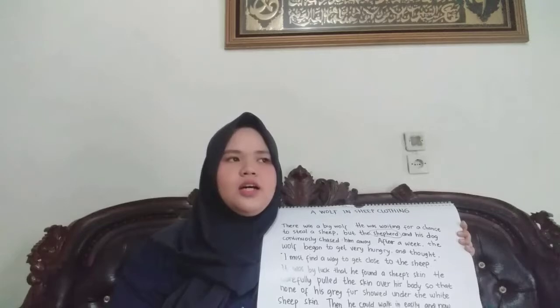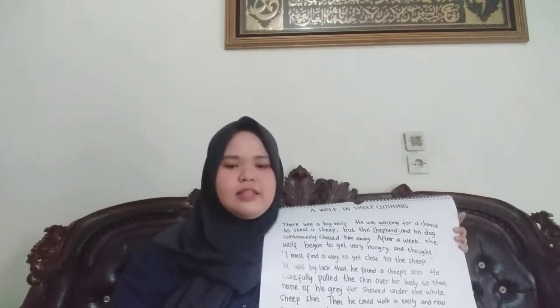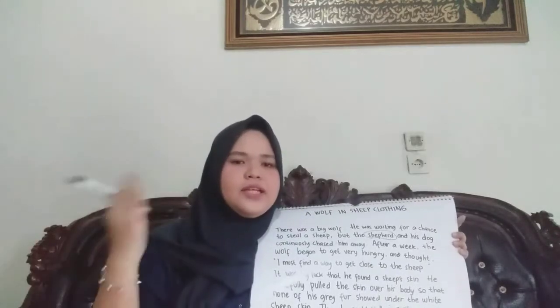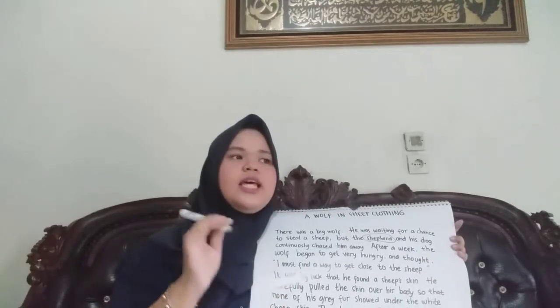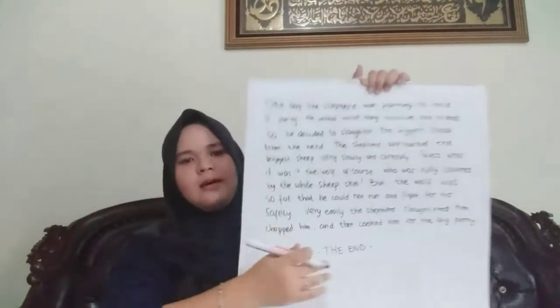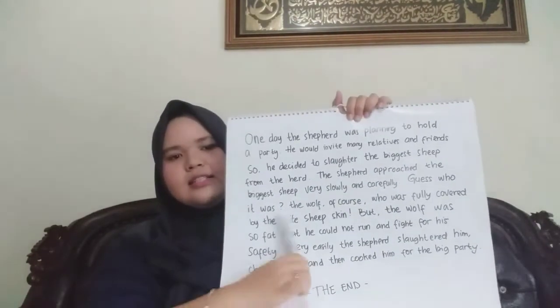And the next question: does this story have a happy ending or a sad ending? After we read the story, we know that the shepherd killed the big wolf because he thought that the big wolf was a real sheep, like we can discover by the last sentences.